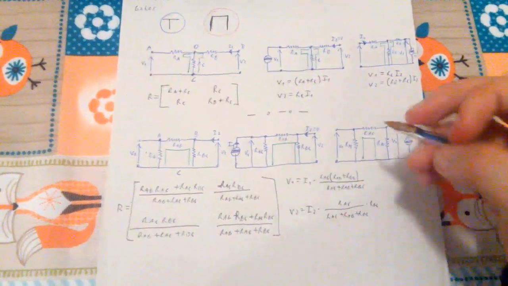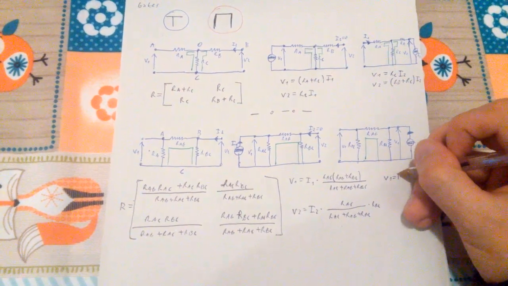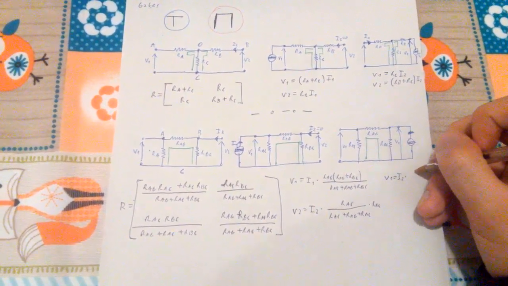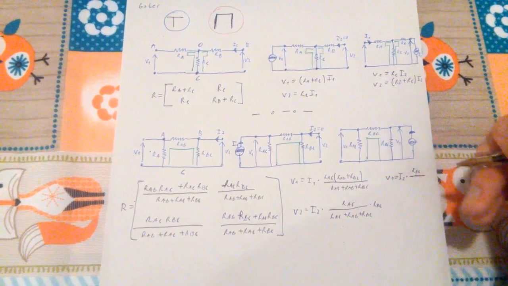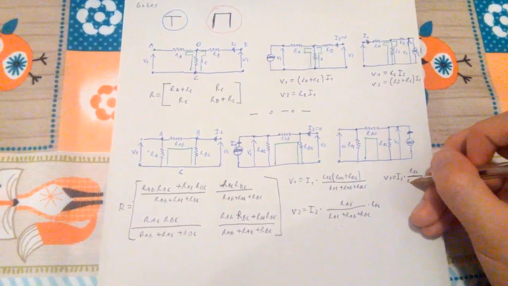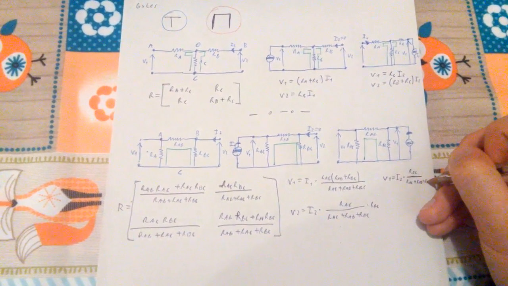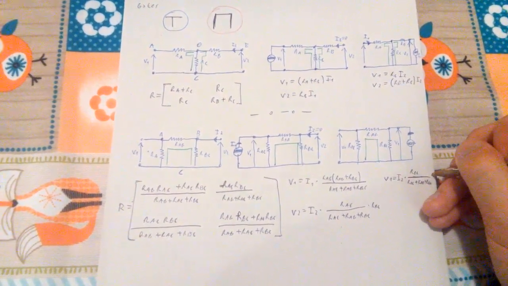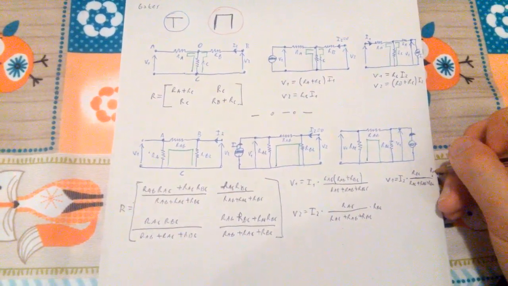And lastly, let's see if I can squeeze it here. The V1 is I2 times RBC over RAC plus RAB plus RBC, everything times RAC.